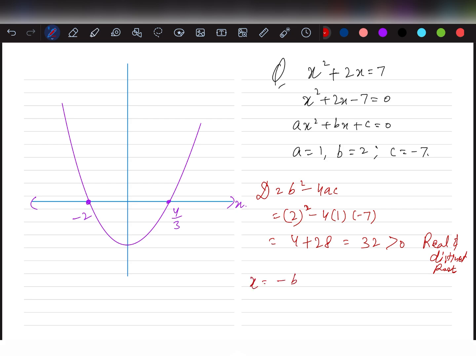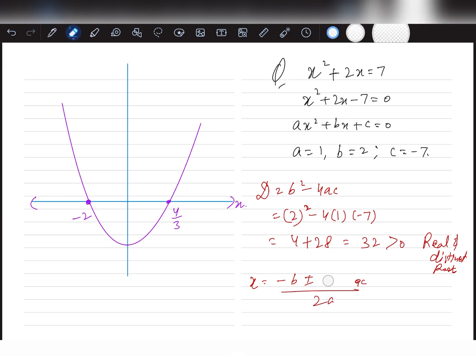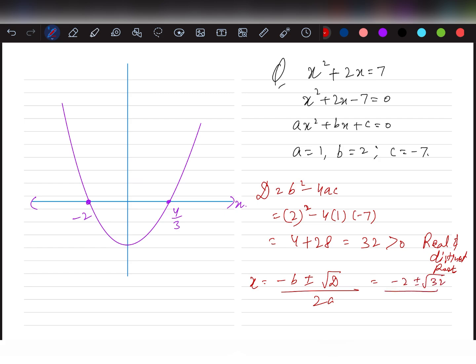Now put this into the formula. x equals minus b plus or minus the square root of b squared minus 4ac, divided by 2a. We can replace this with the discriminant as we have the value already. So -b plus or minus root 32, divided by 2 times 1. x equals -2.